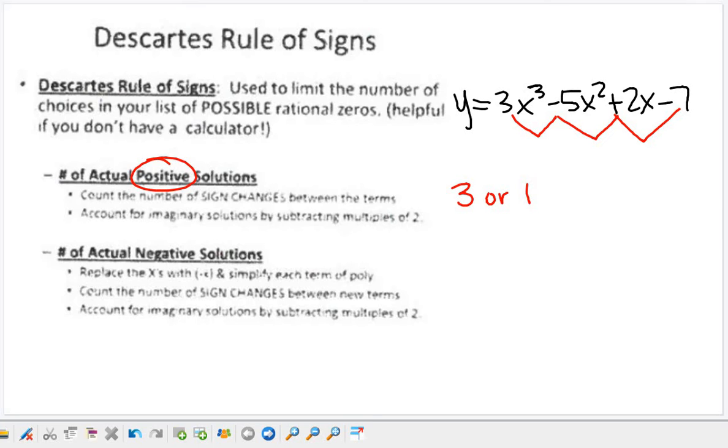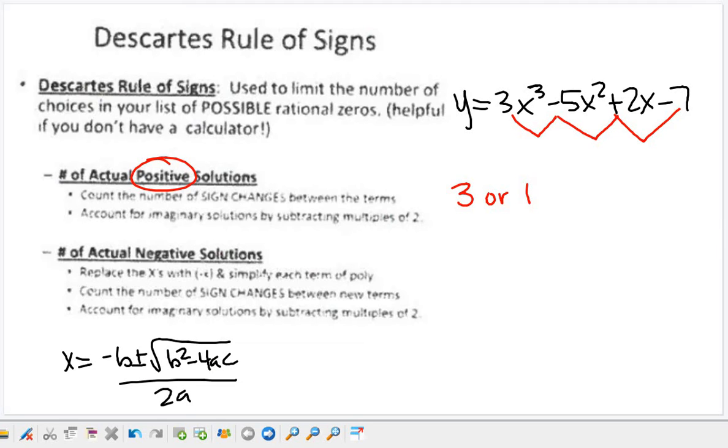Okay, every time you do Descartes' rule of signs, you're going to subtract 2 until you get to 1 or 0. Now, the reason you subtract 2 is because imaginary solutions and irrational solutions come in pairs. Okay, so if you remember the quadratic formula, x is equal to the opposite of b plus or minus the square root of b squared minus 4ac all over 2a.